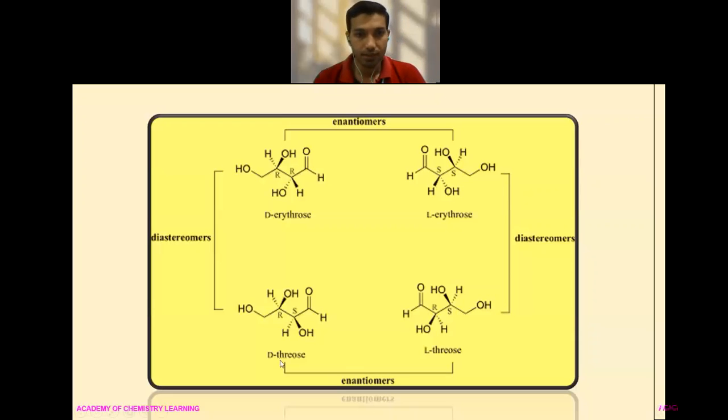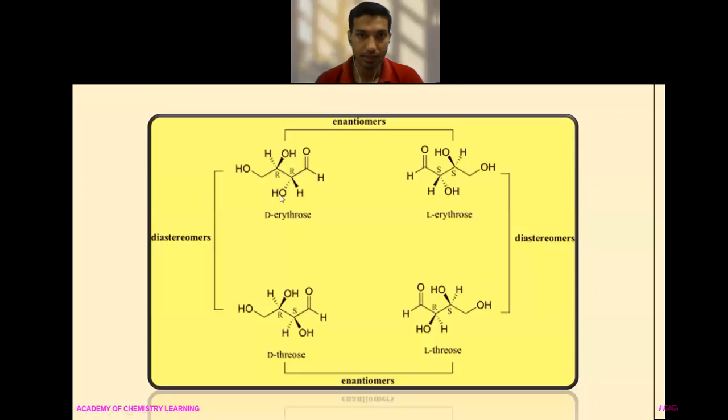Now in the same way, if you take D-threose and see its structure in a mirror, its mirror image should look like L-threose. Now when you put D-threose over L-threose, they are also non-superimposable, and as they are mirror images, they are also enantiomers.